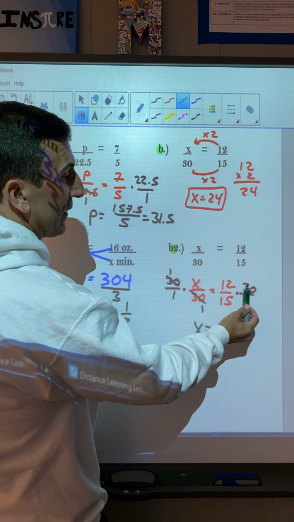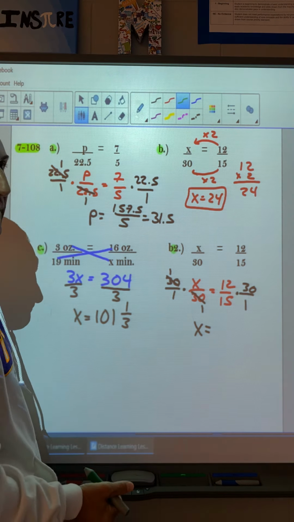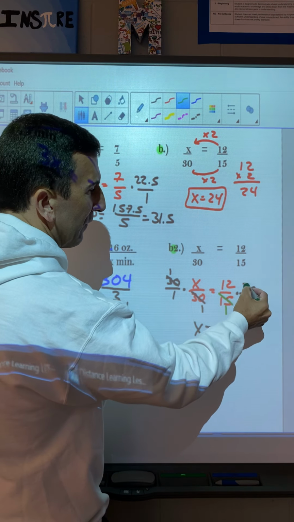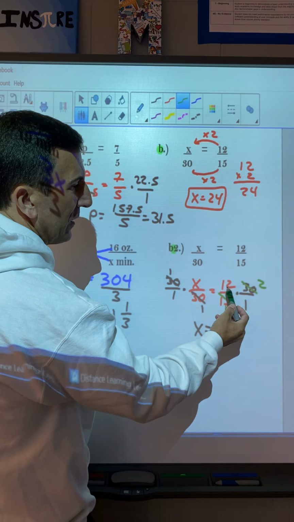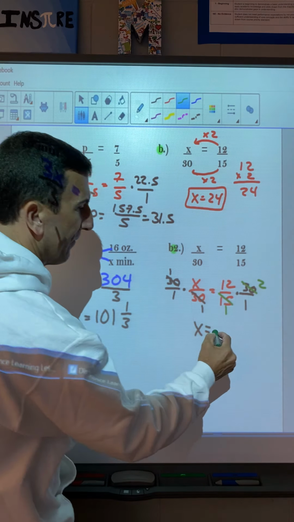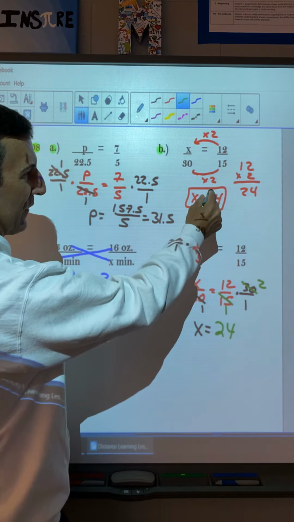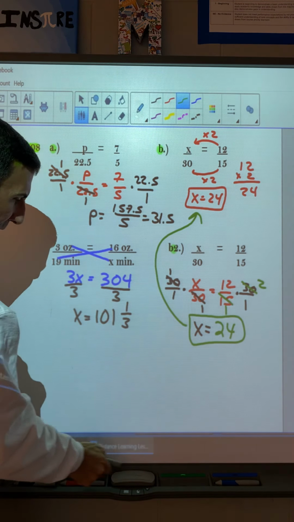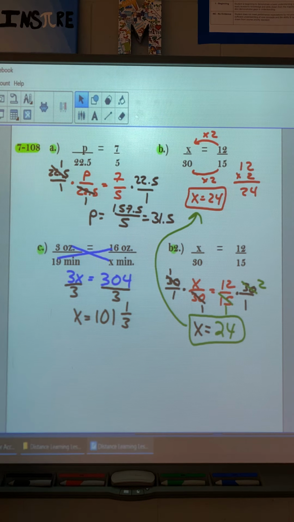You can do 12 times 30 and then divide by 15. But I notice this relationship. 15 goes into 15 once, 15 goes into 30 twice. What's 12 times 2? Yep, 24. And that's the same thing we got up above. Same answer.